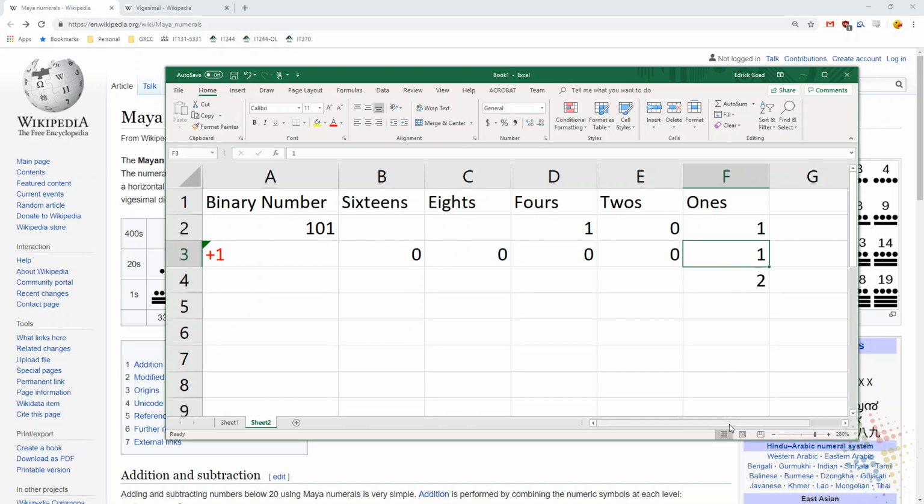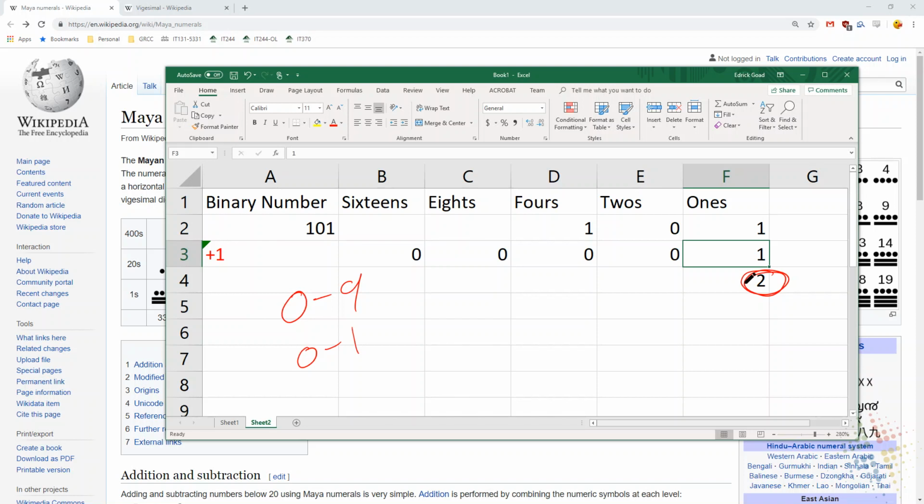Except now I have the same problem I had before. If in base 10 I only had 0 through 9, and if I exceeded 9, I had to carry over a digit. Here in binary, I only have 0 through 1, and if I exceed 1, I have to carry over a digit.